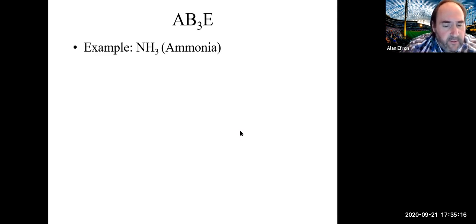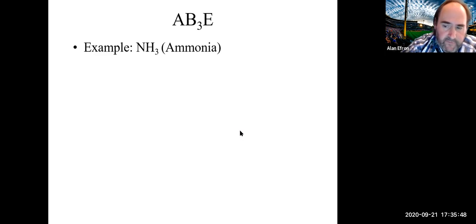When you're counting electron pairs and bonds, the important thing is that if you draw a double bond or a triple bond, it counts as only one electron pair and also one bond. That's really important when you're doing this type of geometry. It does have more than that in terms of bonding, but for just the geometry part, a double bond or a triple bond is one electron pair and one bond in terms of counting them.